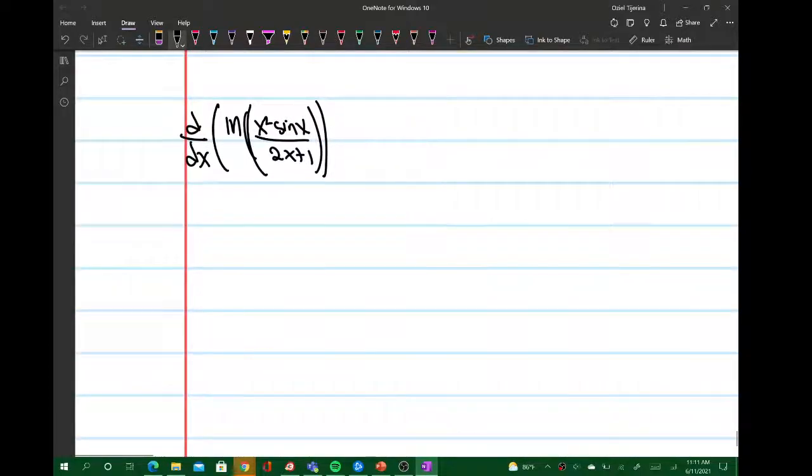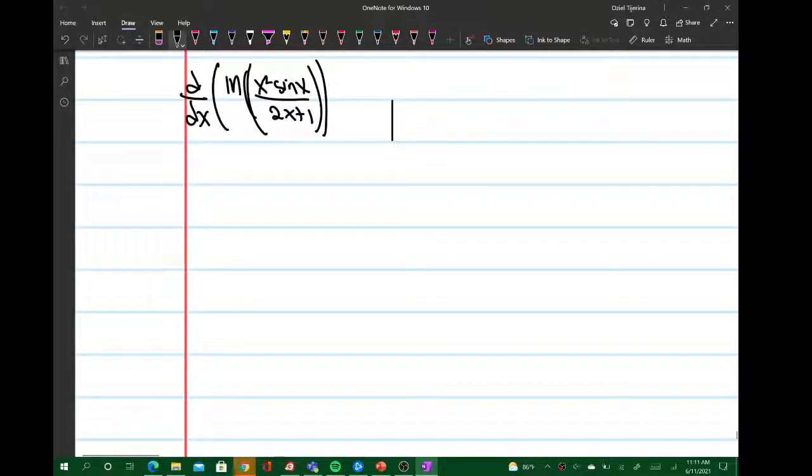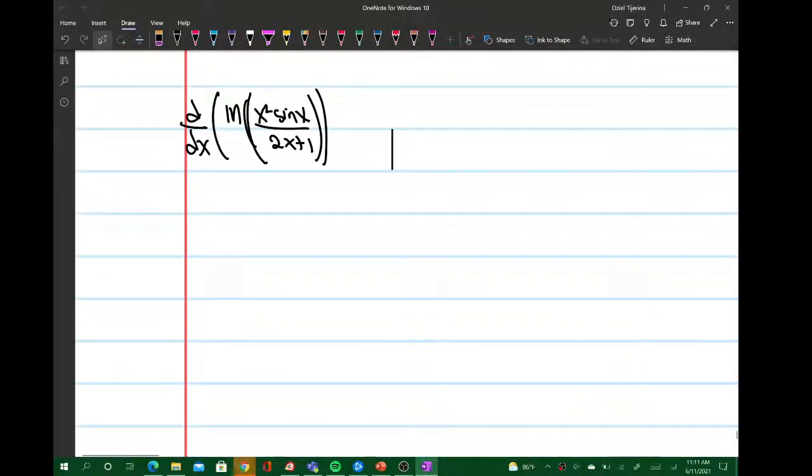The one thing you're going to want to do here is, instead of using a quotient rule for the inside part, split this into two different logarithms.